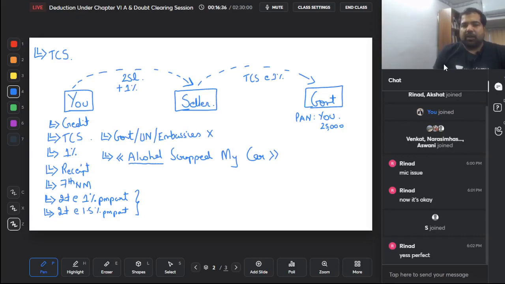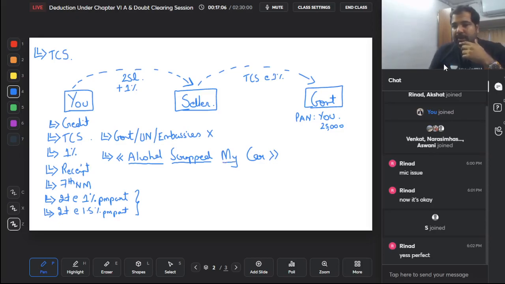Guys, if you are a seller of alcohol, then will you collect TCS? Yes. If you are selling scrap, for example, you manufacture watches and there is some scrap which you sell. You're not a scrap dealer, but you sell scrap which is out of your production. Then in that case also there is TCS, I'll tell you the percentage later on.